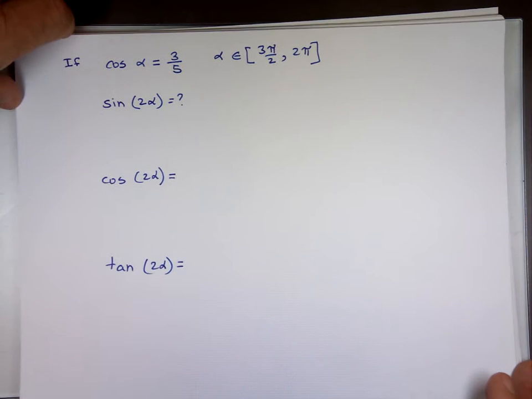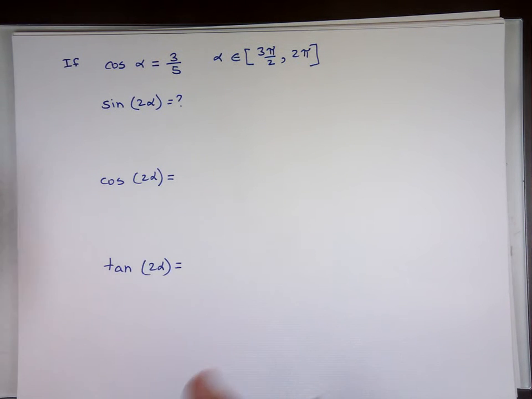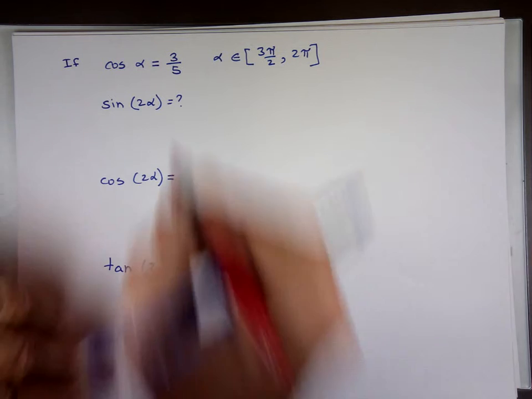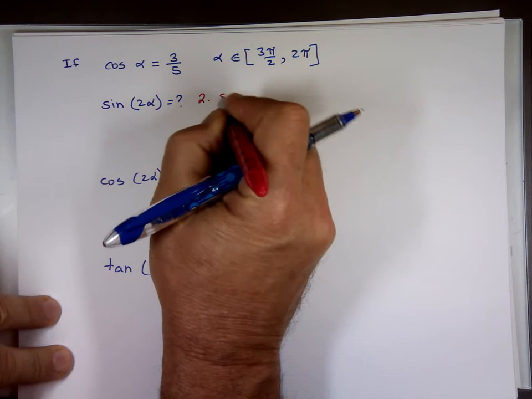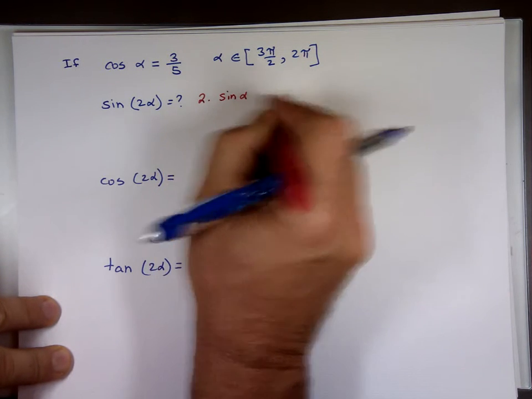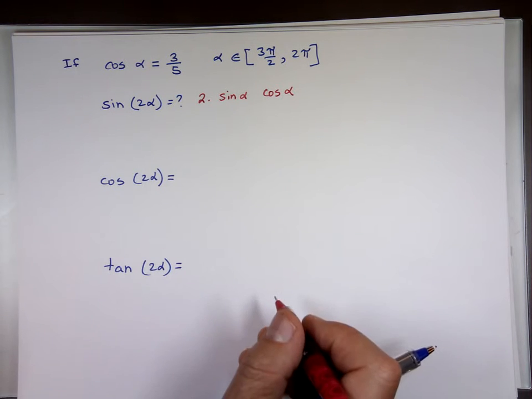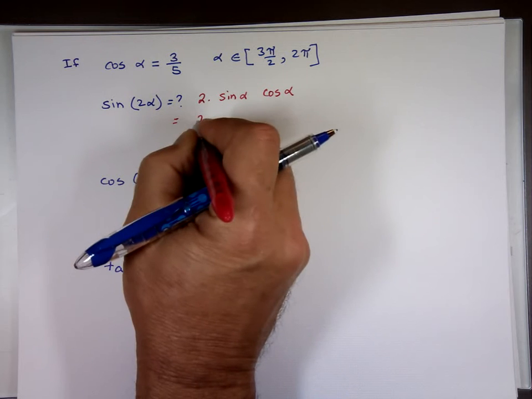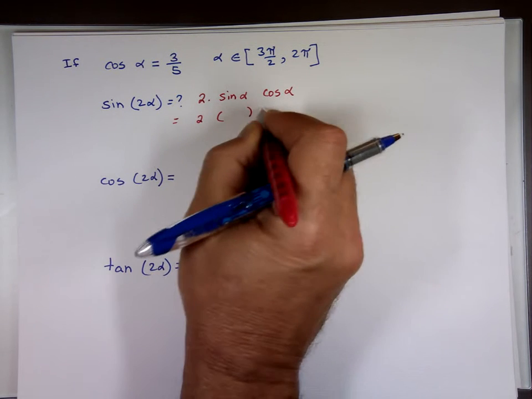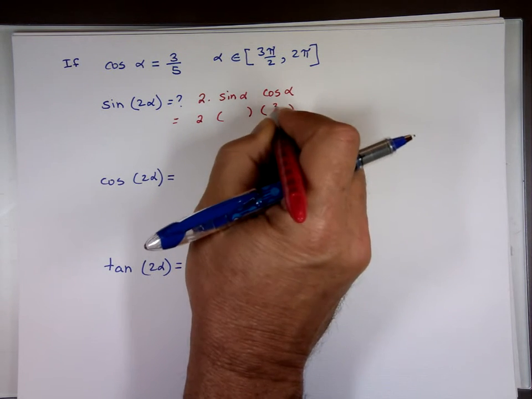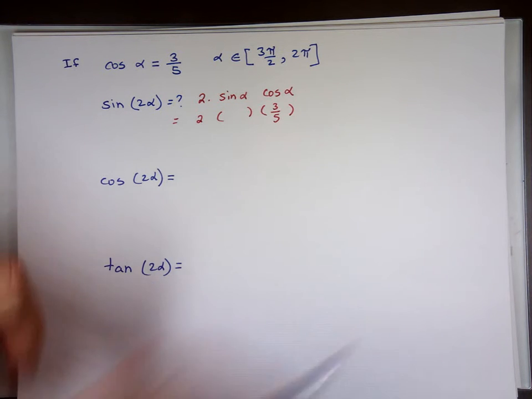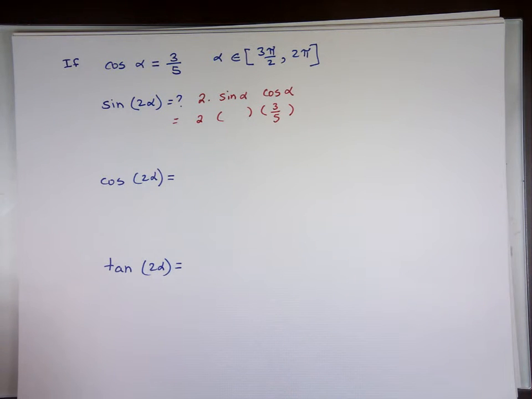Well, before I answer that, because I know sine 2 alpha, the equation we have is what? 2 times sine of alpha times cosine of alpha. I got a problem. I only know one of them. I don't know what sine of alpha is. I know what cosine of alpha is. So I need to find sine of alpha. So let me go and solve for sine of alpha.